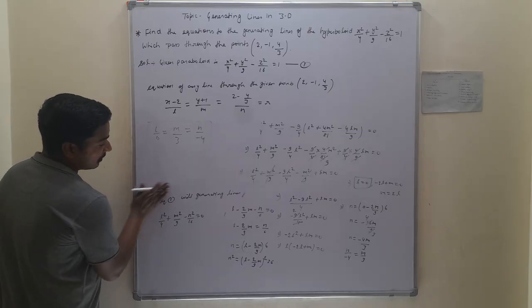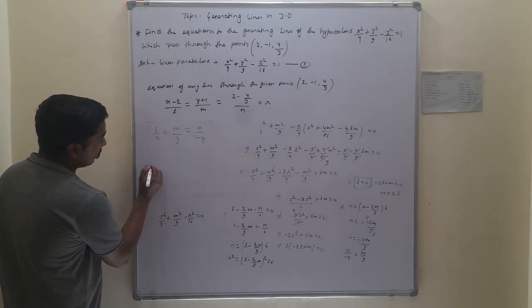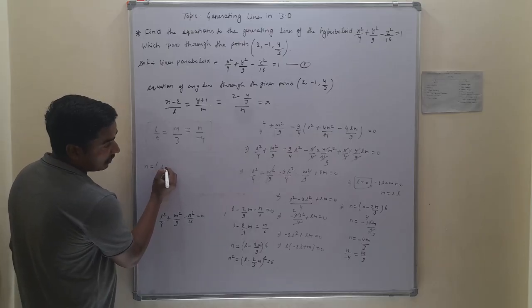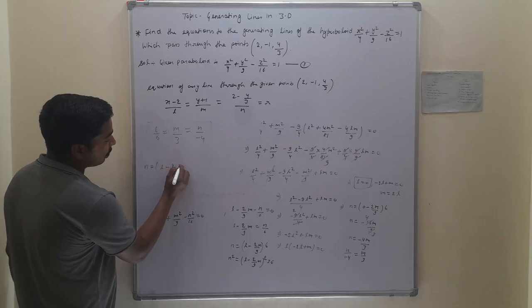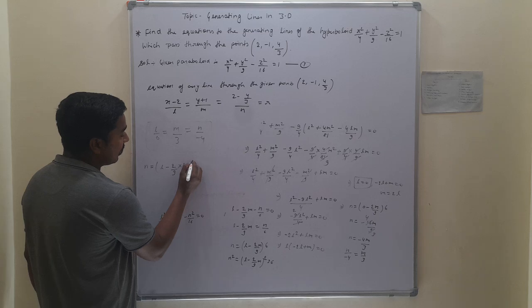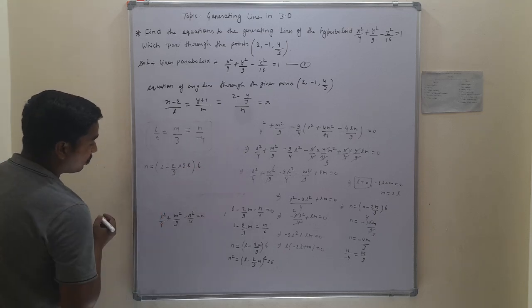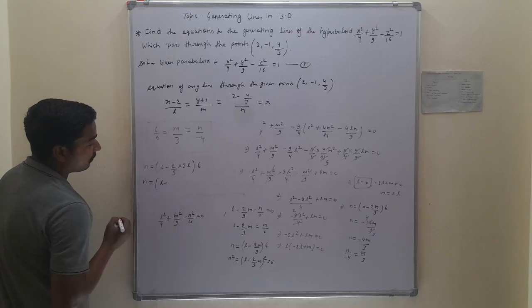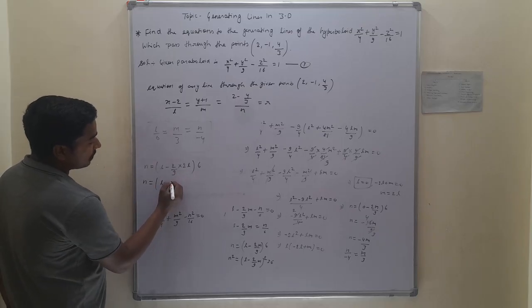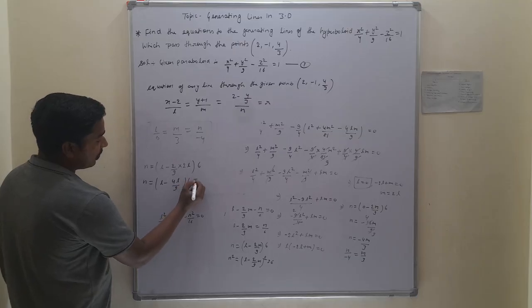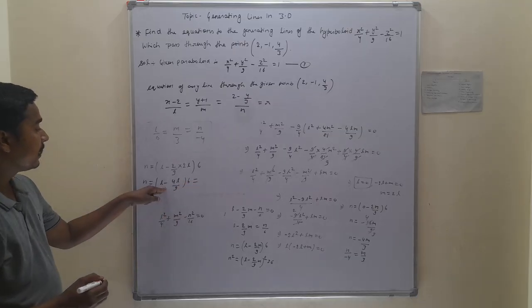So we put N is equal to L minus 2 by 9 into, putting the value of M, M is equal to 2L, into 6. Solving, we get N is equal to L minus 4L upon 9 into 6.